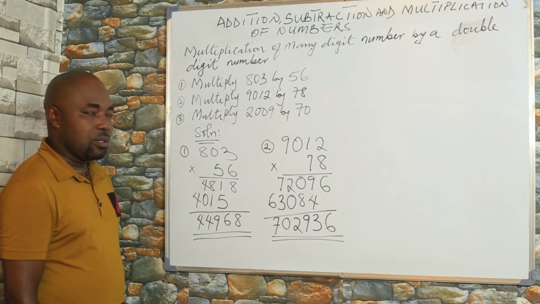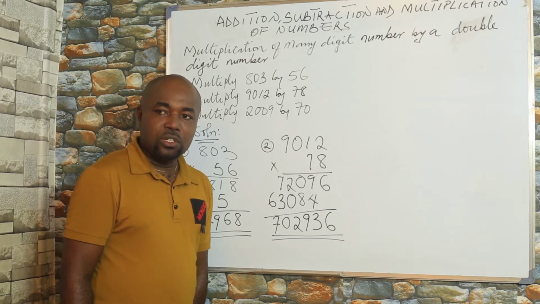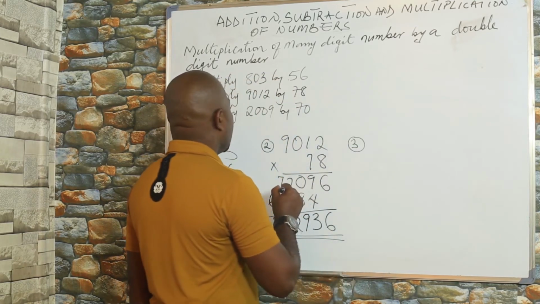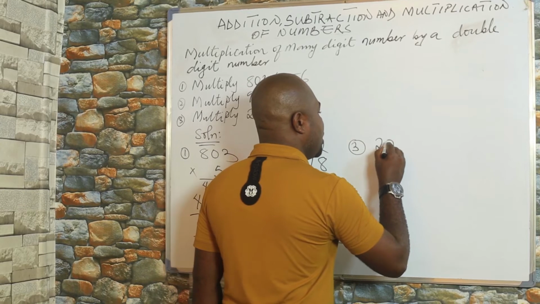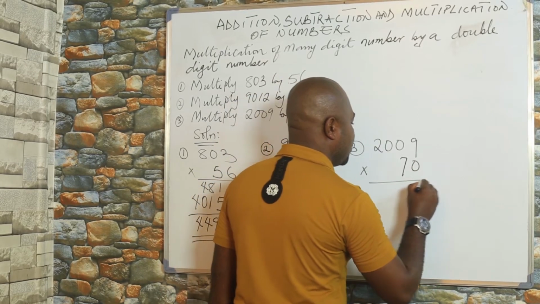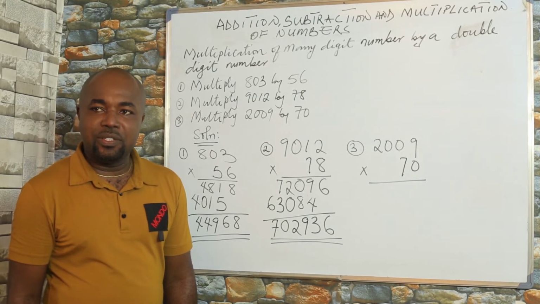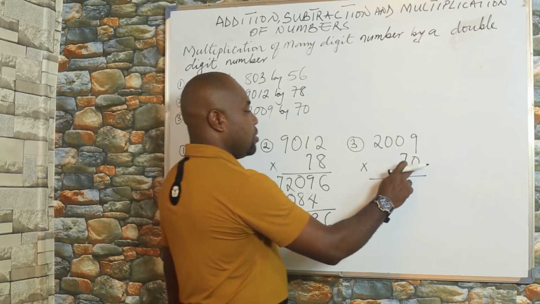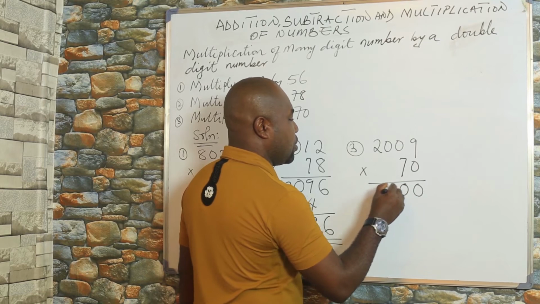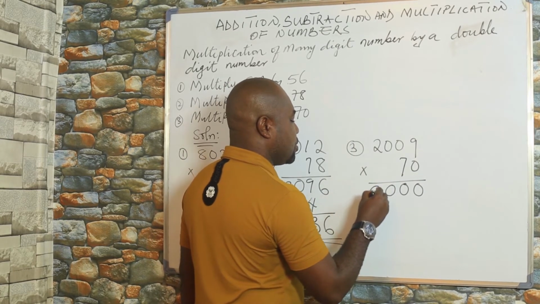Let us take the third question. Are we there together? This is 2009 multiplied by 70. 0 times 9 is 0. 0 times 0 is 0. 0 times 0 is 0. 0 times 2 is 0.